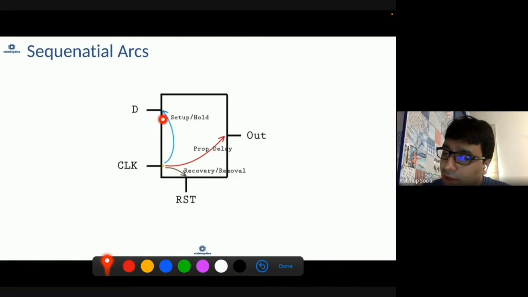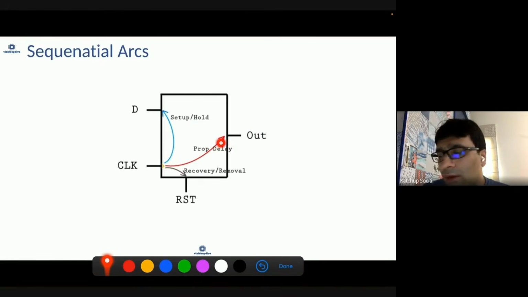Similarly, in a logical library, when the clock rise edge comes, the delay to the output is also a sequential arc, and it is defined with respect to the rising edge of the clock.